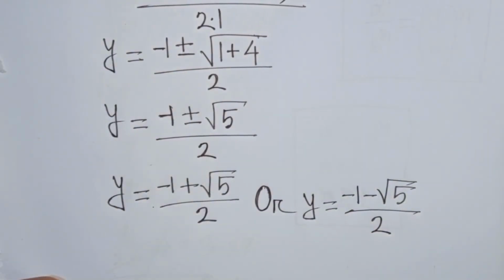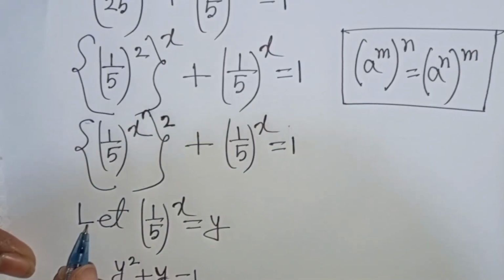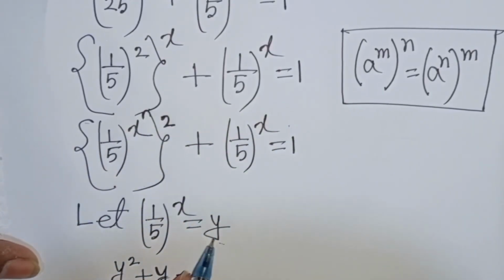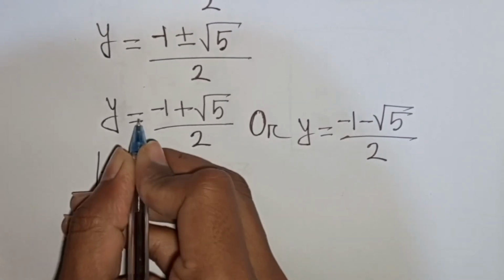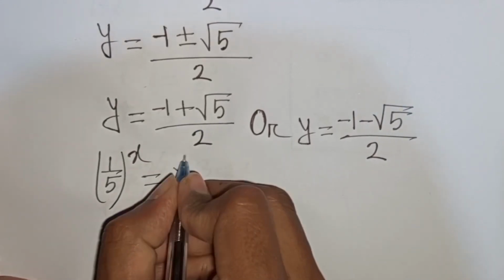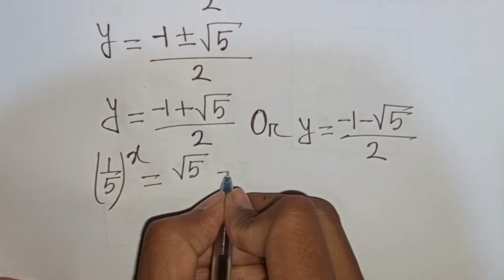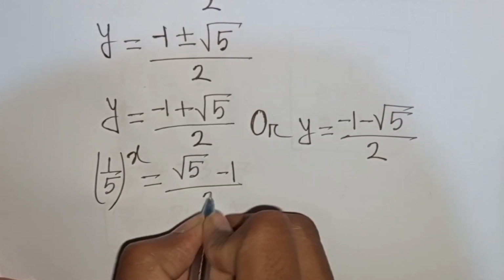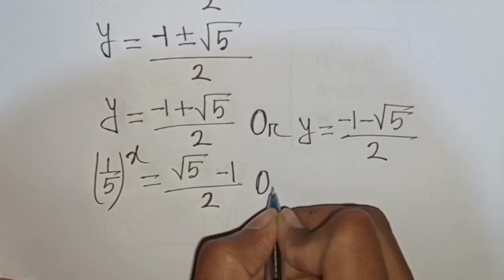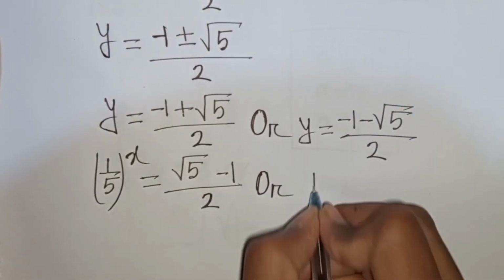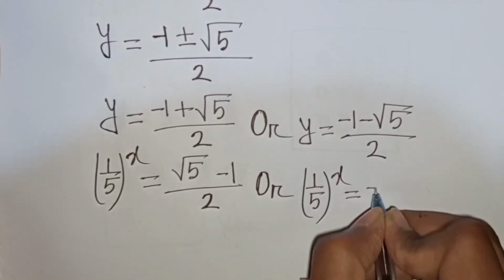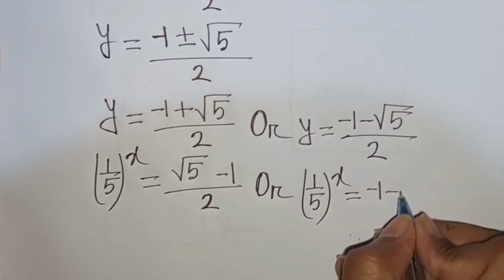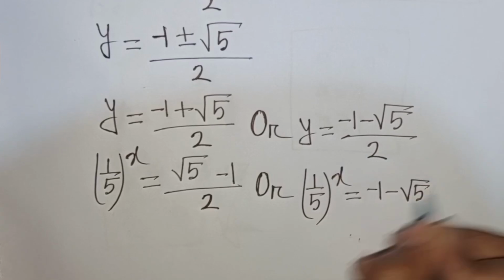But remember that y means (1 by 5) power x. So (1 by 5) power x is equal to (square root of 5 minus 1) divided by 2, or (1 by 5) power x is equal to (minus 1 minus square root of 5) divided by 2.